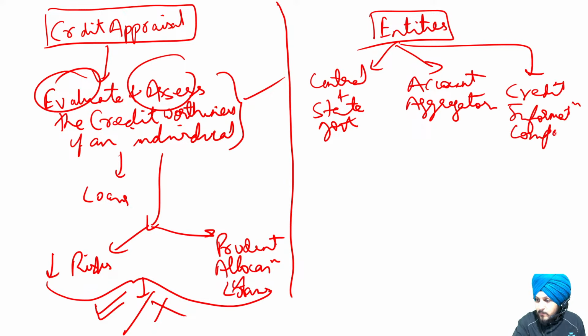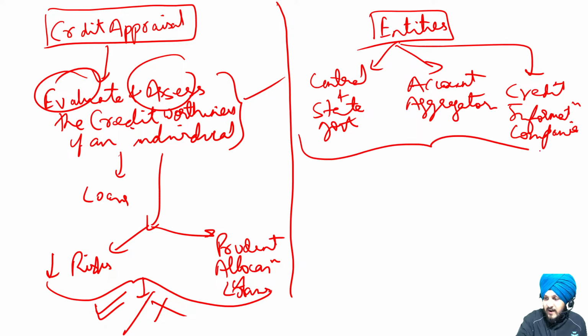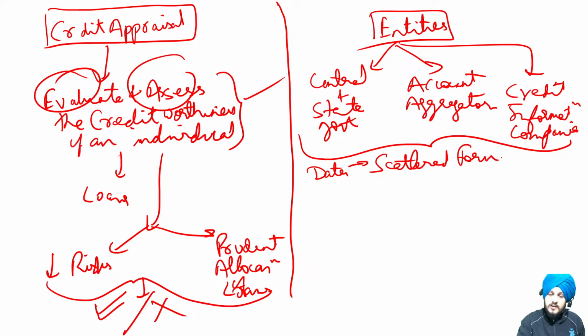And all these multiple entities they have to contact, because all this data they have to collect is in a scattered form. There is no one single entity that has all the data. So the data is available in scattered form. And what does it lead to?